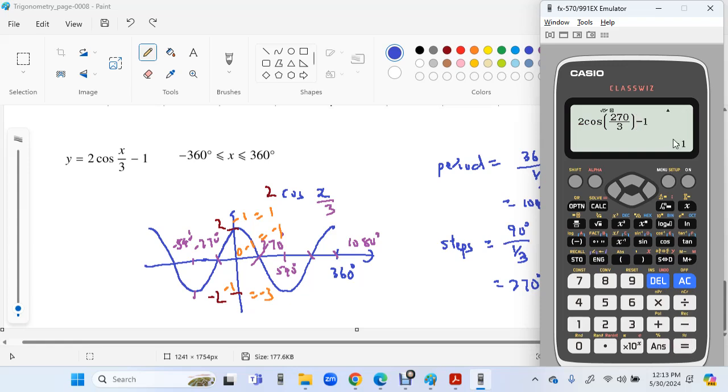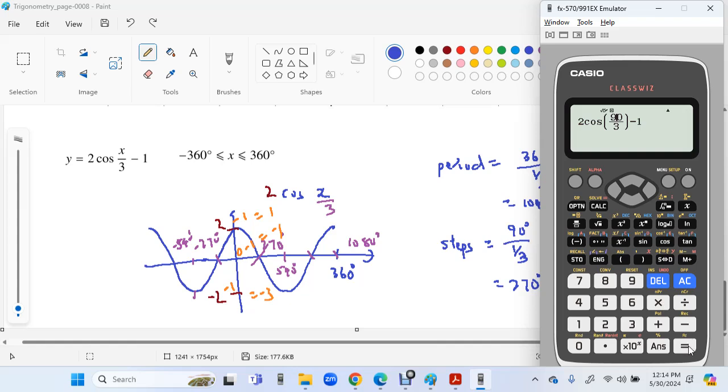So this is negative 1. So when it is 270, it will be negative 1. And when it is 540, then it will be negative 3. But if we have 0 here, then we have the negative 1.